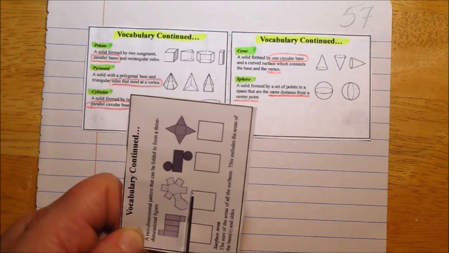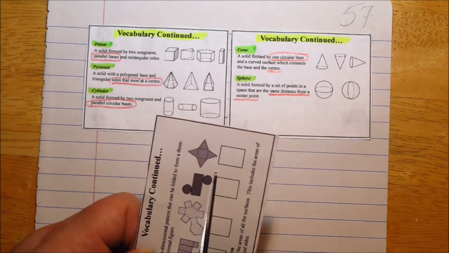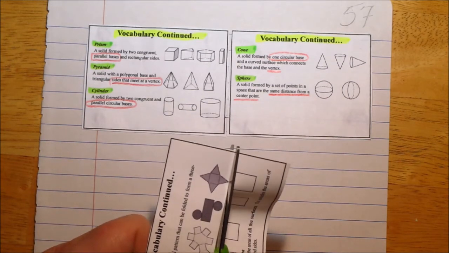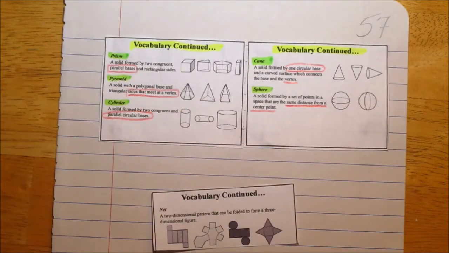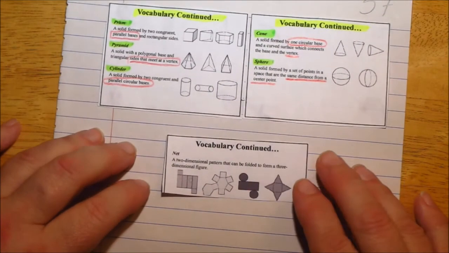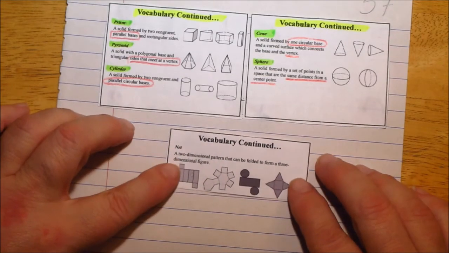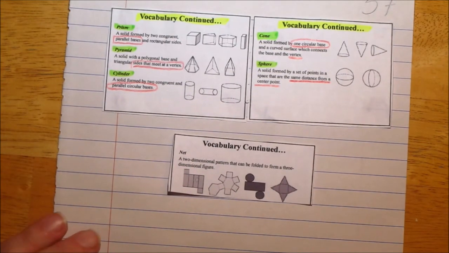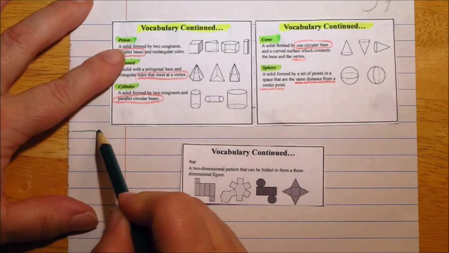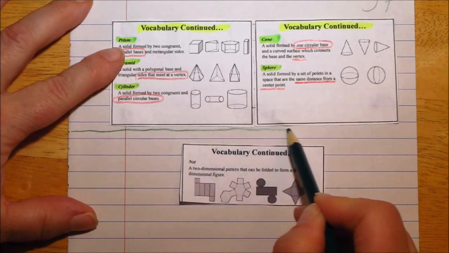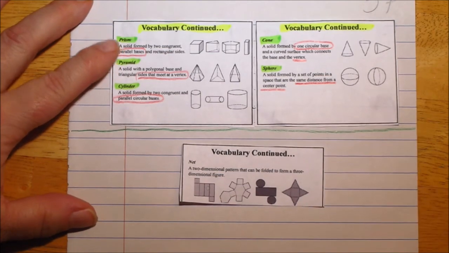I'm going to cut off this section so all I have are these flat looking shapes. We'll write and discuss what's kind of missing in those notes. It's kind of useless to us because it didn't really print right, but it's okay. I'm going to use my dark green pencil and draw a line under here because we're now done with talking about these solids. Now we're going to talk about nets.